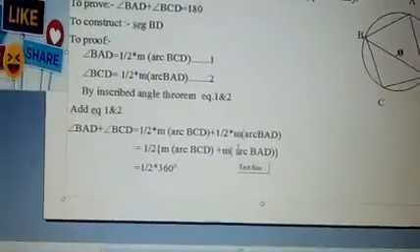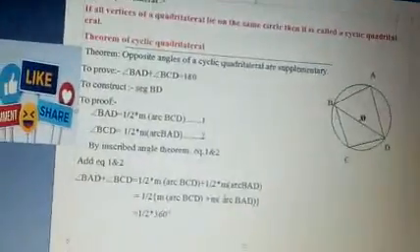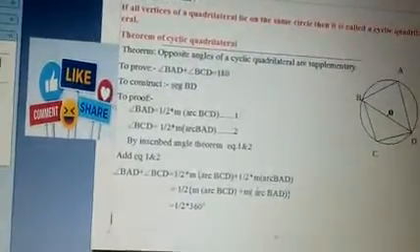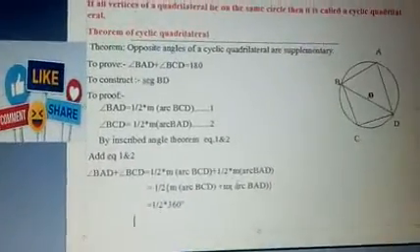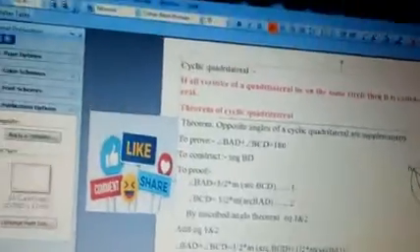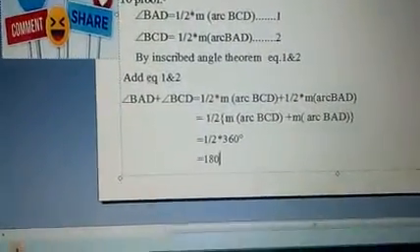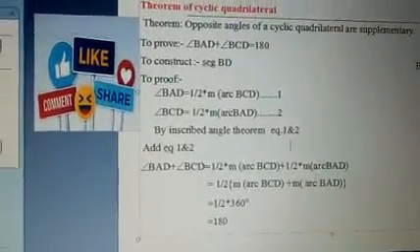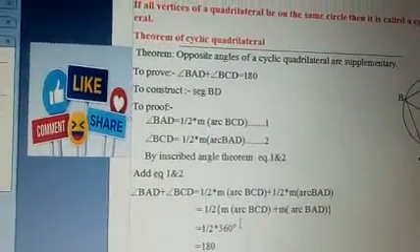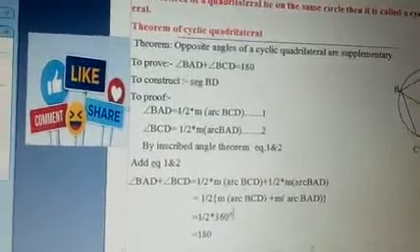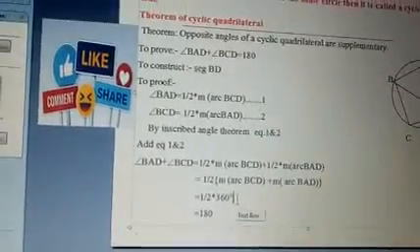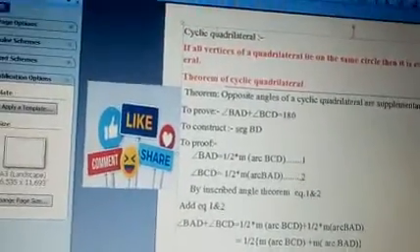If we divide 360 by 2, it becomes 180. Now you can see the right hand side is 180 and the left hand side has the sum of two angles.